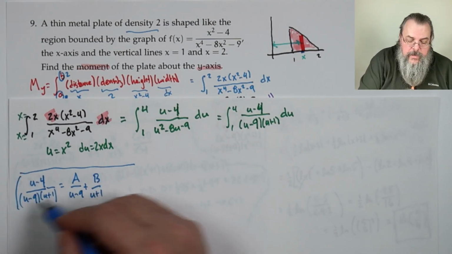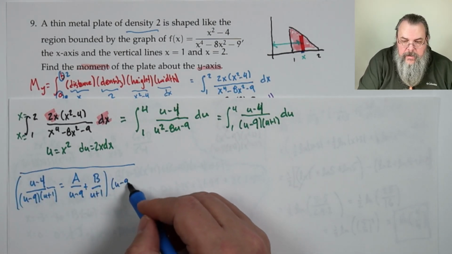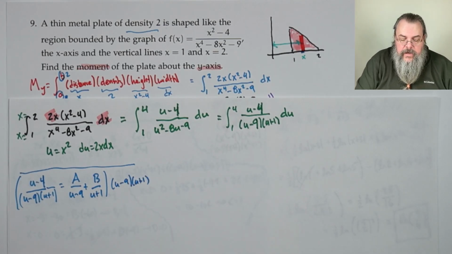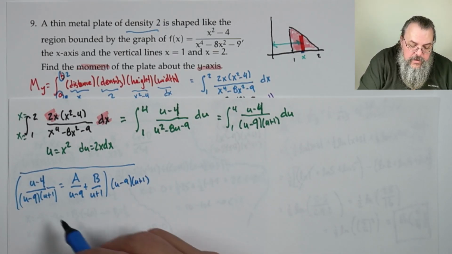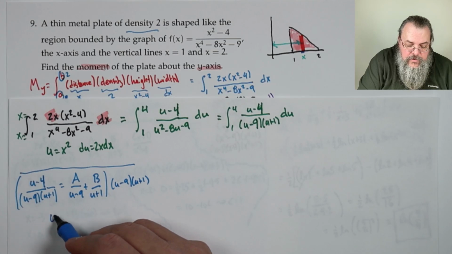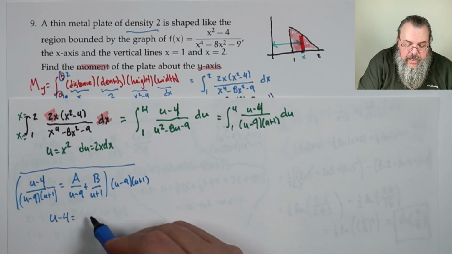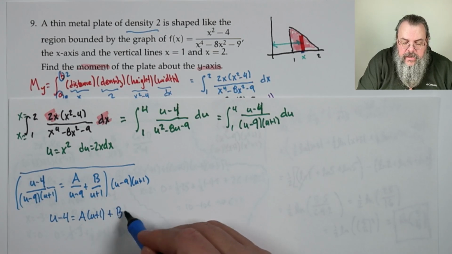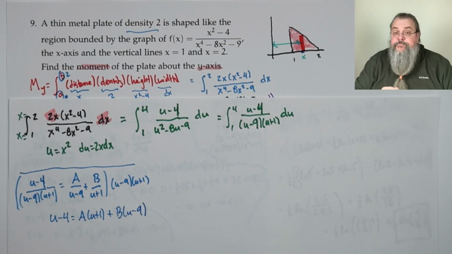Clear your denominator. Absolutely. And what does that lead us to? Well, it leads us to the following scenario. u minus 4 is equal to A times u plus 1 plus B times u minus 9.